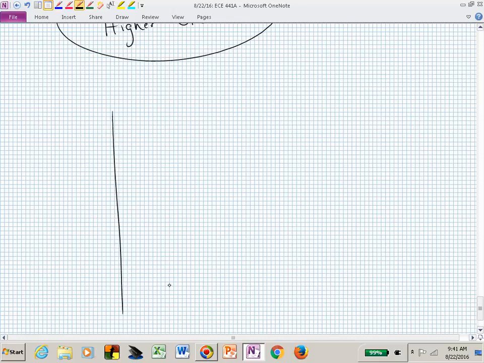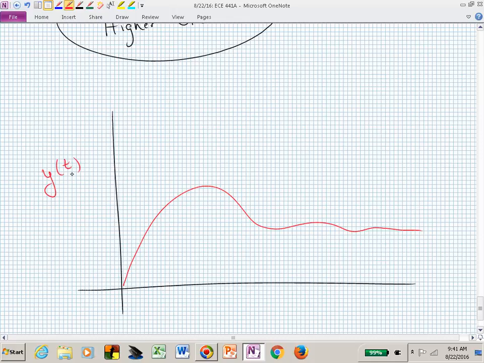If we now had a system, like I said, you're going to get very comfortable drawing this diagram or that response. Maybe that's our open loop response. Let me label this open loop.